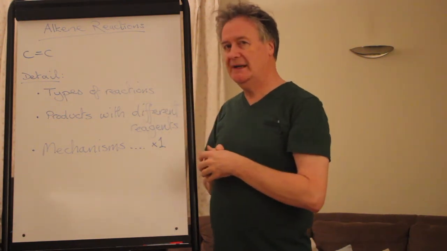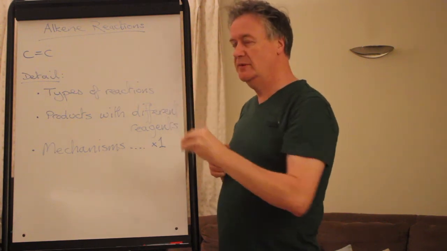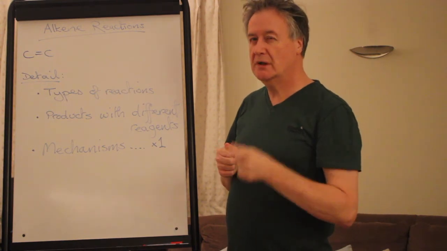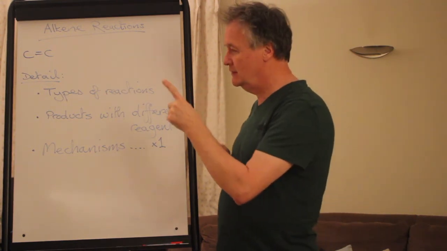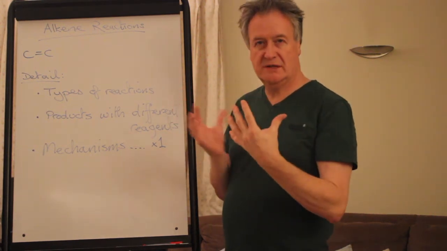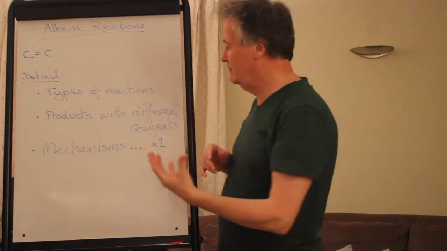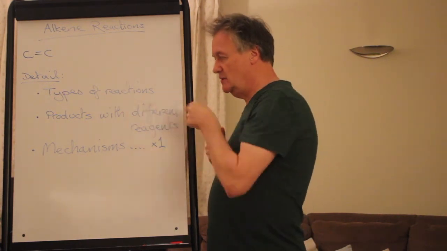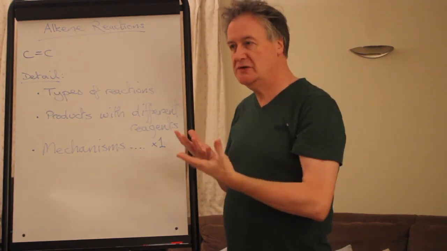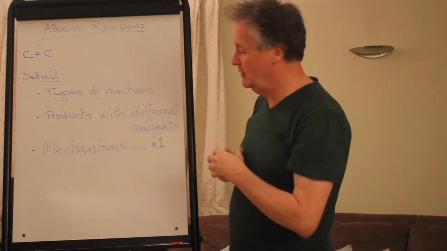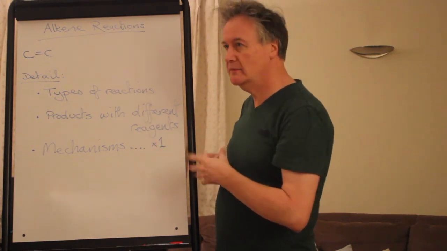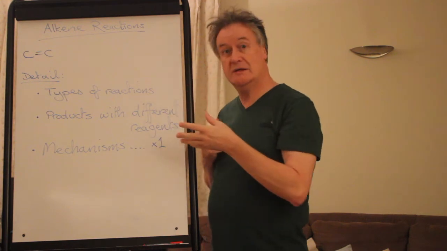The beauty of organic chemistry is that the functional group, certainly at A level, reacts pretty much the same way. I can think of one exception, but not in alkenes. It reacts the same way regardless of the context within a molecule or the environment around it. So this is application knowledge: I know what the reagents do, I can apply it to whichever molecule I'm given. And exam questions do like to throw you a new molecule and get you to say what would happen with certain reactions, of which alkene reactions could be an example.